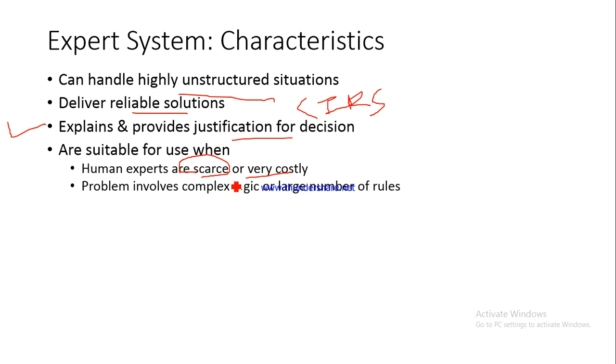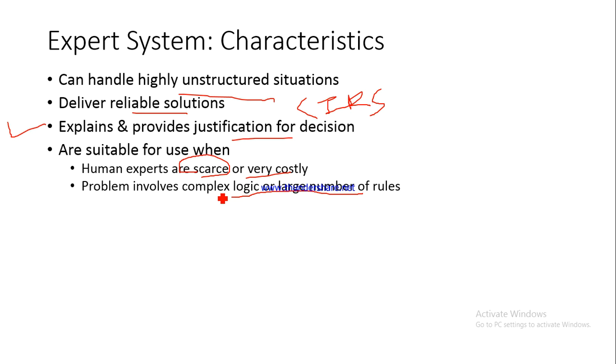And the problem involves complex logic or a large number of rules, which is just not possible for a human expert to do manually, right? So such problems which involve very complicated logic and a large number of rules have to be taken care of. There the expert systems would be of use, right? And I'll give you examples.